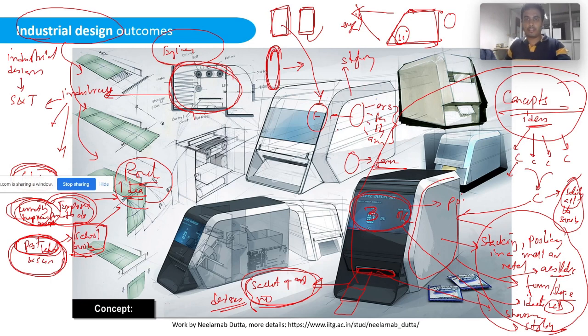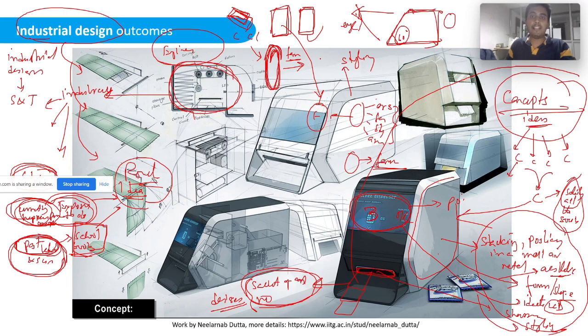For example, you come up with the concept of a safety pin. There can be other concepts also, for example a plastic safety pin with a cantilevered portion. Those can also be concepts, but finally out of many concepts you selected this particular one. You have just played with the form, not with the styling or the ergonomics.